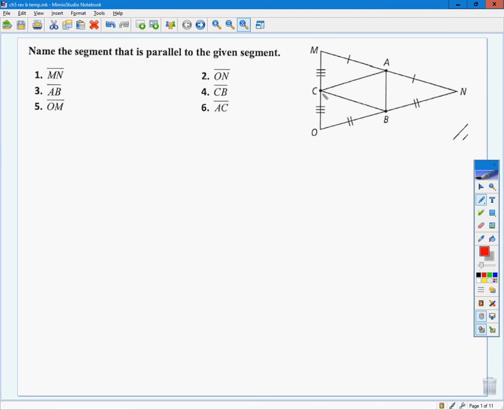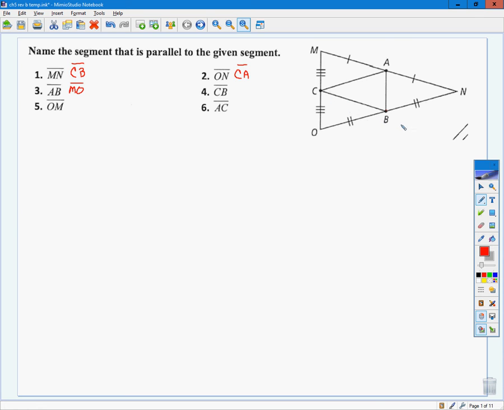MN is parallel to segment CB. ON is parallel to the midsegment CA. AB is the midsegment, it's parallel to MO, the third side.